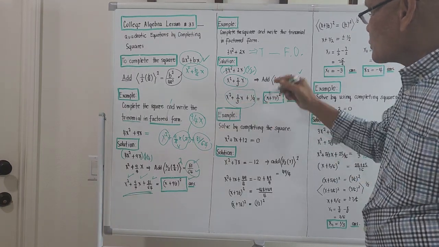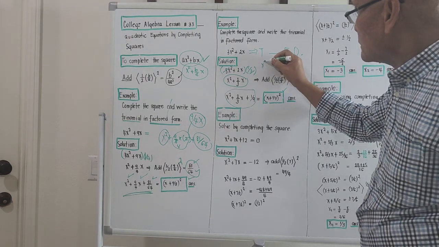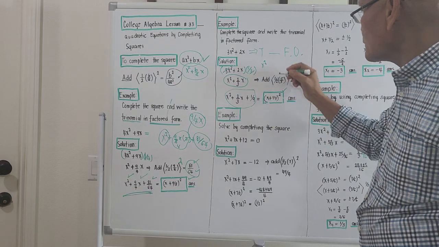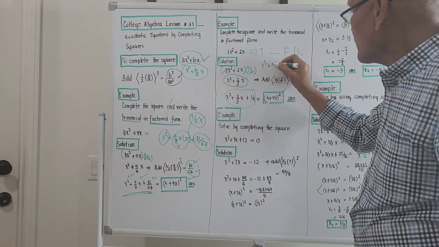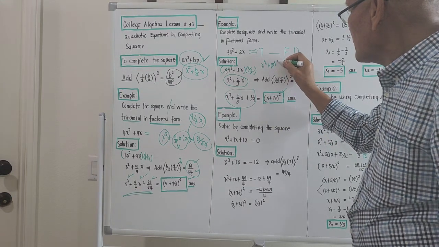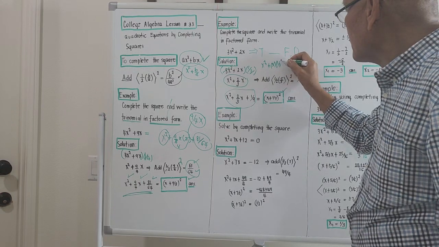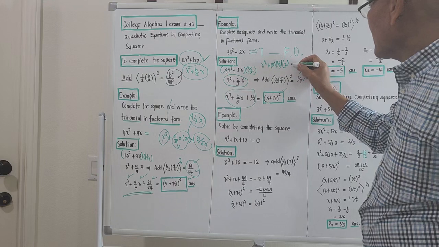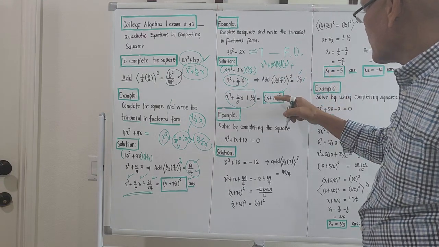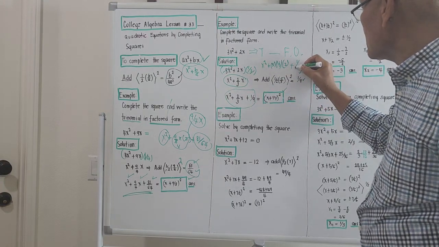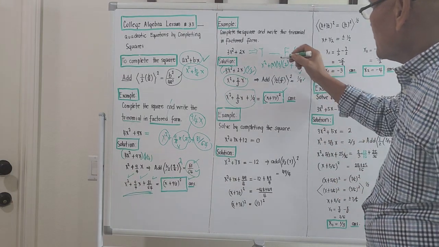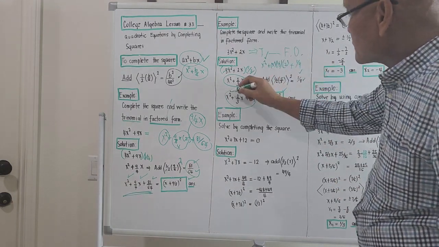The square of x will be x squared, right? The middle term will be x times 1/3 times 2. The middle term will be x times 1/3 twice, right? And the last part will be the square of 1/3, which is 1/9. Or what comes out? The first term is x squared, this is x squared.